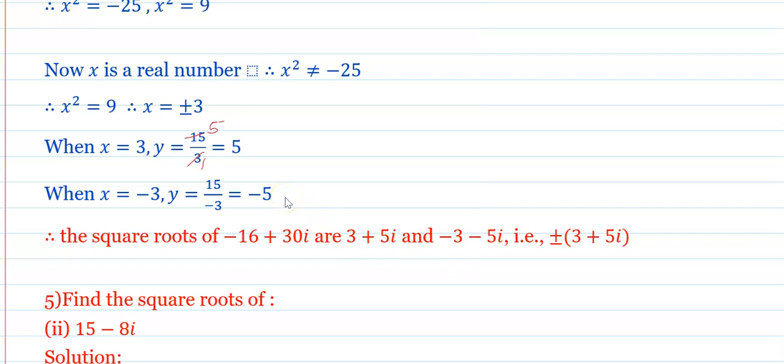Hence the square root of -16 plus 30i is, when x is 3, y is 5, which means 3 plus 5i. And when x is equal to -3, y is equal to -5, which means minus 3 minus 5i. In this way, the square roots of -16 plus 30i are 3 plus 5i and minus 3 minus 5i, that is plus or minus (3 plus 5i).